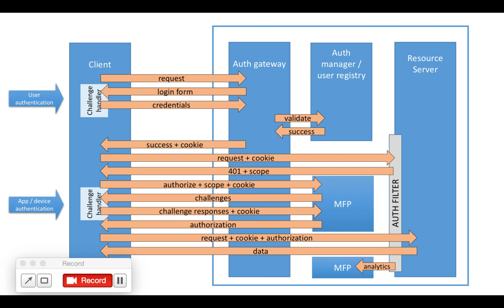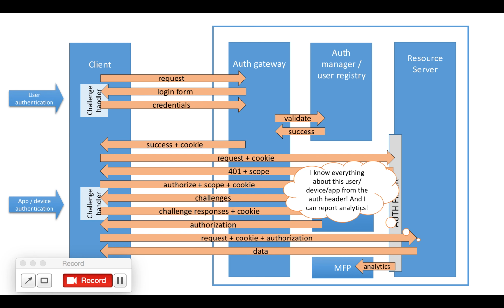Everything will happen transparently in the background, and the MobileFirst Platform SDK will take care of everything, right? But just to know, at this point you might actually introduce another challenge handler to have some custom device authentication. In case you're not, it's absolutely transparent.